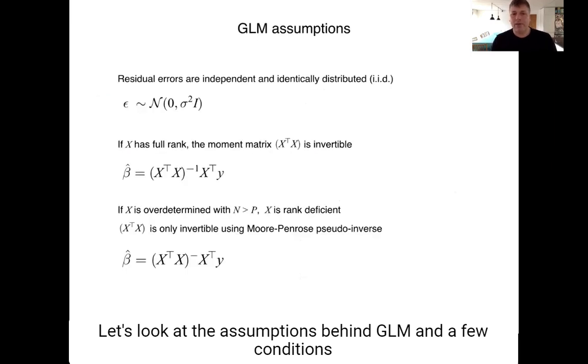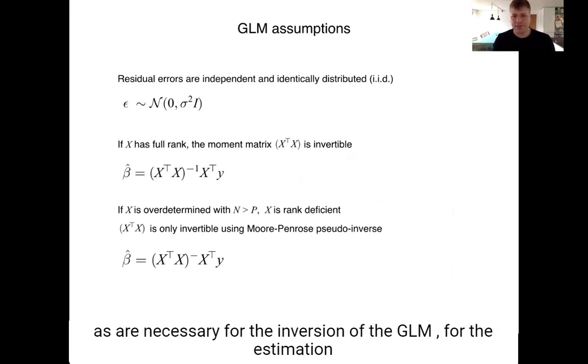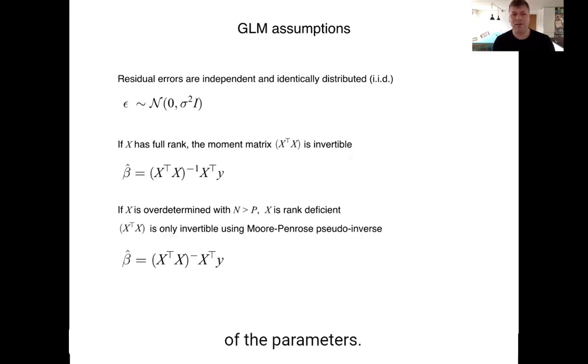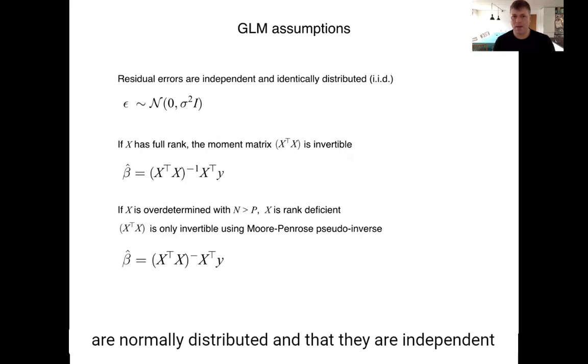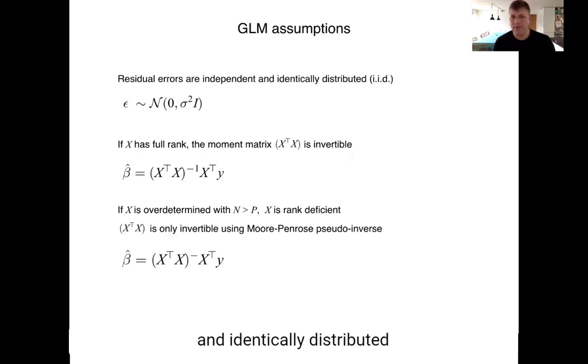So let's look at the assumptions behind the GLM and a few conditions that are necessary for the inversion of the GLM, for the estimation of the parameters. First of all, we assume that the residuals, epsilon, are normally distributed and independent and identically distributed.